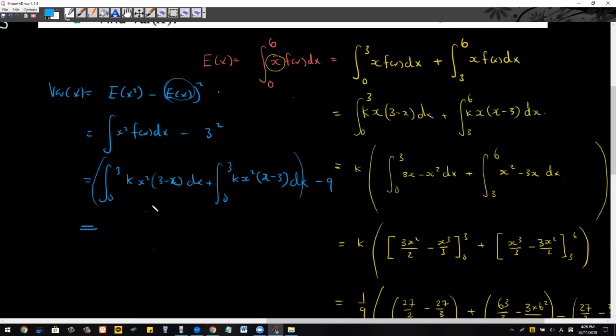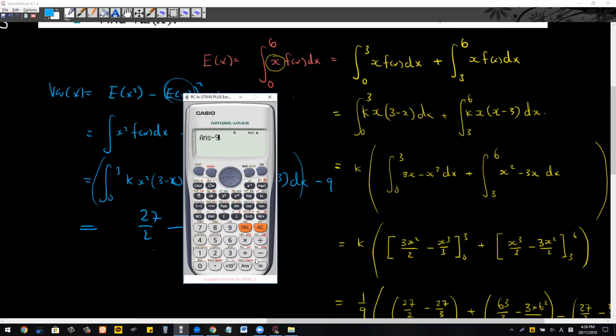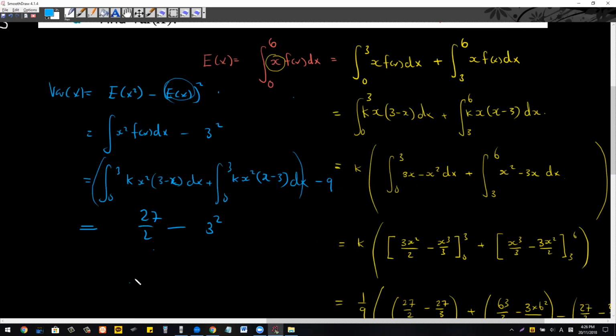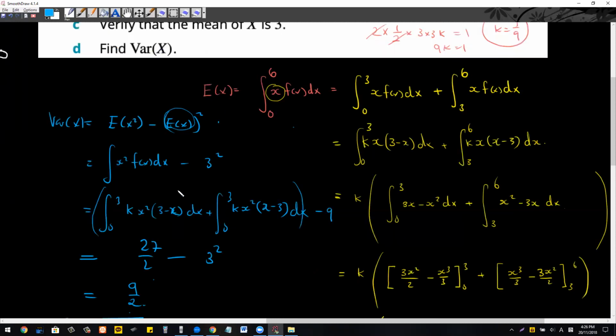That's 27 on 2 indeed. So that bit is 27 on 2 minus 3 square, so I'm going to minus 9. Then I get 9 on 2, which is 4.5. So the standard deviation is square root of 9 on 2, which is 3 over square root 2. Okay? That's how you get the standard deviation.